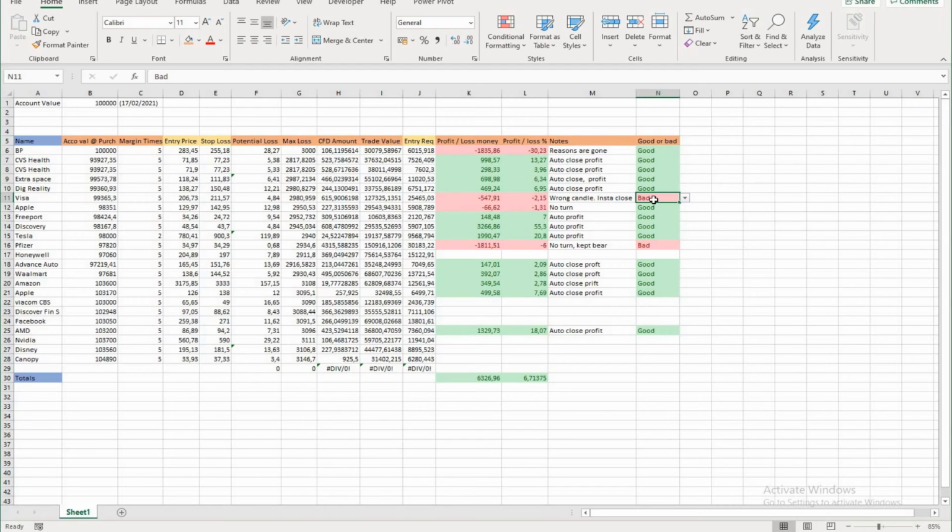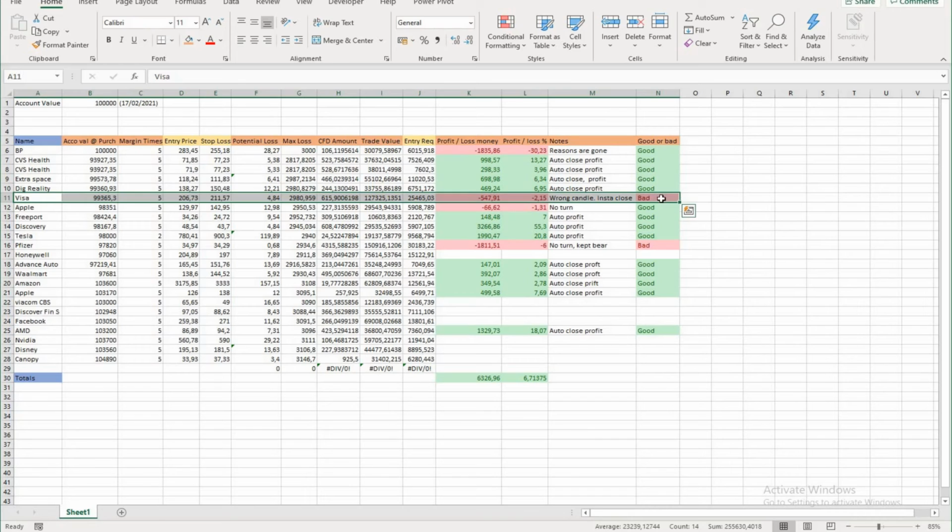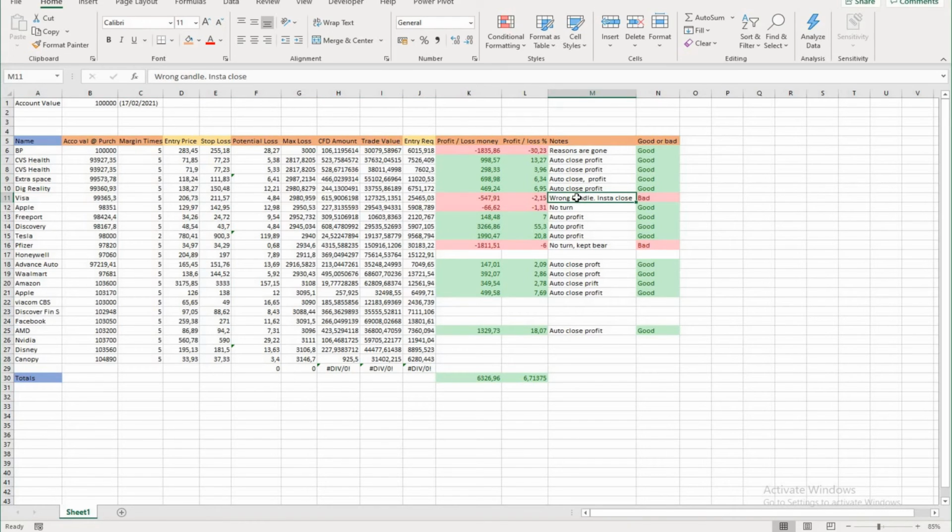Even though I maybe lost money, let's say on this trade on Visa Cards, I entered a trade, it was a bad trade because it was the wrong candle time, so I instantly closed it and I lost $500. But with BP, it was a good trade.